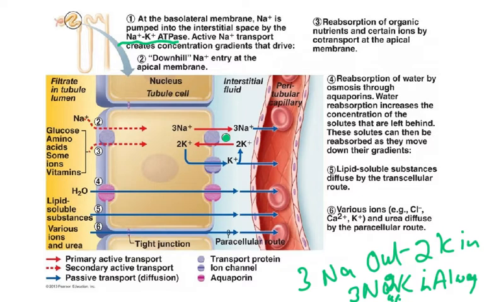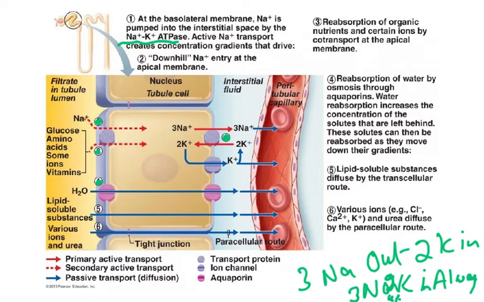Then number 2, downhill sodium entry into the apical membrane. Now this is where the 2 is. And at the apical membrane, then number 3 is reabsorption of the organic nutrients and certain ions by co-transport. So this is 3 here, co-transport, and then reabsorption of water by osmosis through the aquaporins. That's number 4 here.